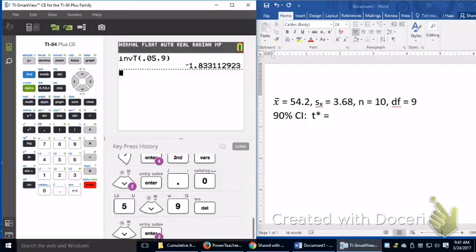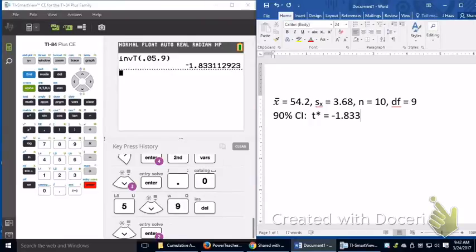And it gives me negative 1.833. So that is going to be the answer. Whether you use the table or the calculator, it's really your preference. For some of the higher degrees of freedom, you can get a slightly more accurate answer with the calculator, but the table's available and does quite well for degrees of freedom of this size.